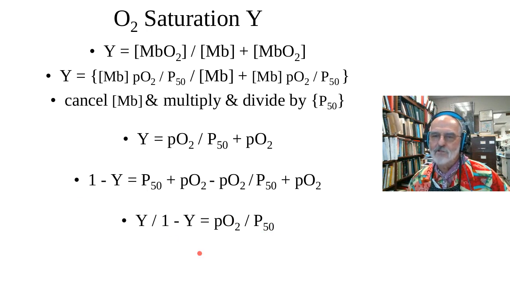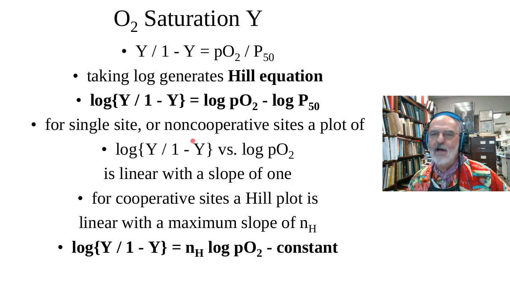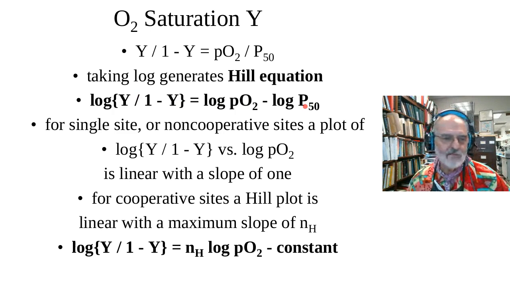And so the advantage of this is we get a plot that allows you to plot the data on a log scale. And on a log scale, log Y over 1 minus Y is log of the oxygen concentration minus log of the P50. This allows you to get log of the P50 when it crosses the axis at the midpoint. The midpoint is when this is 50-50, ligated, unligated.